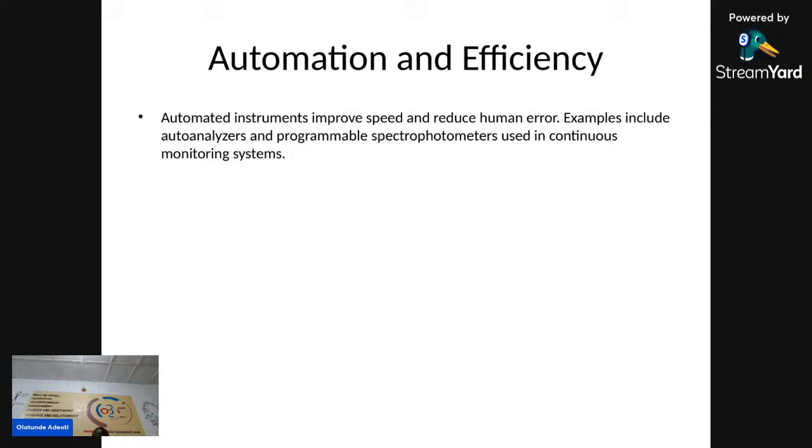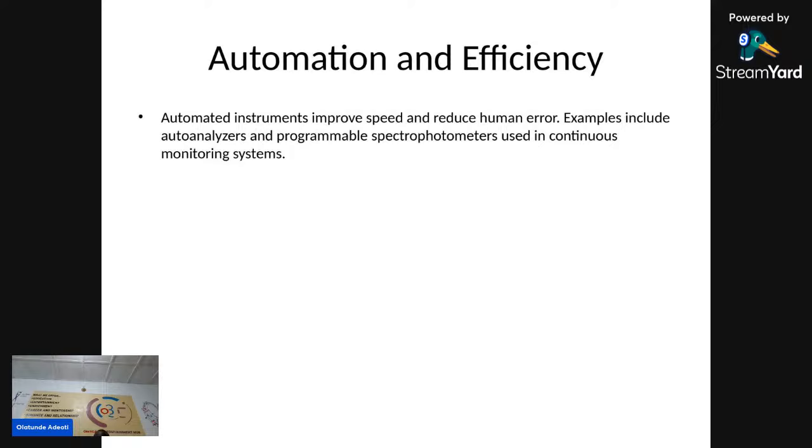So don't forget that we said the more you reduce the interference, the manipulation by humans, the more you are going to make sure that you get very precise and accurate measurement of your work. A manual machine, you cannot compare a manual equipment to one that is digital.